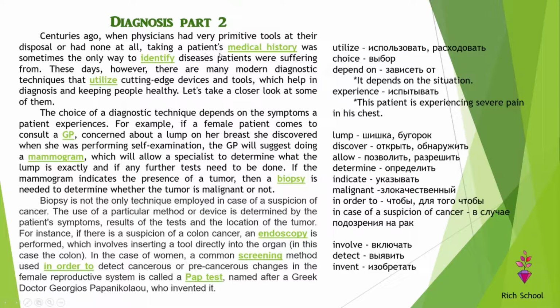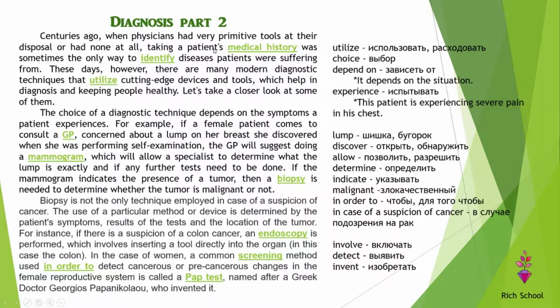Taking a patient's history, то есть медицинская история пациента, то есть записывать эту медицинскую историю пациента, анамнез, это была иногда единственный путь или единственный способ определить, с какими болезнями пришли пациенты, да, или с какими болезнями пациенты страдали. По идее, здесь мы бы поставили which. The only way to identify diseases which patients were suffering from.